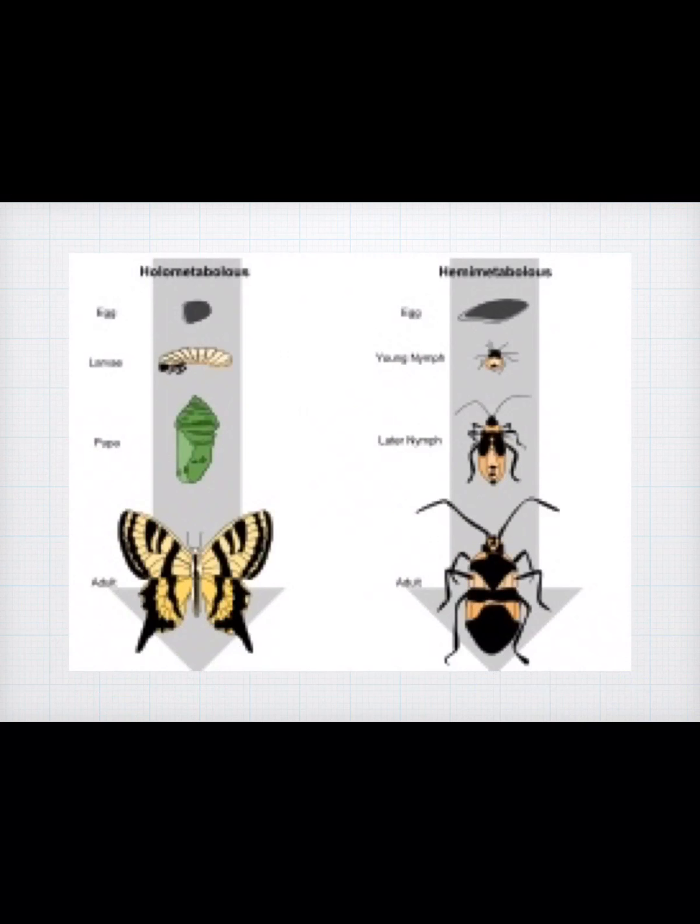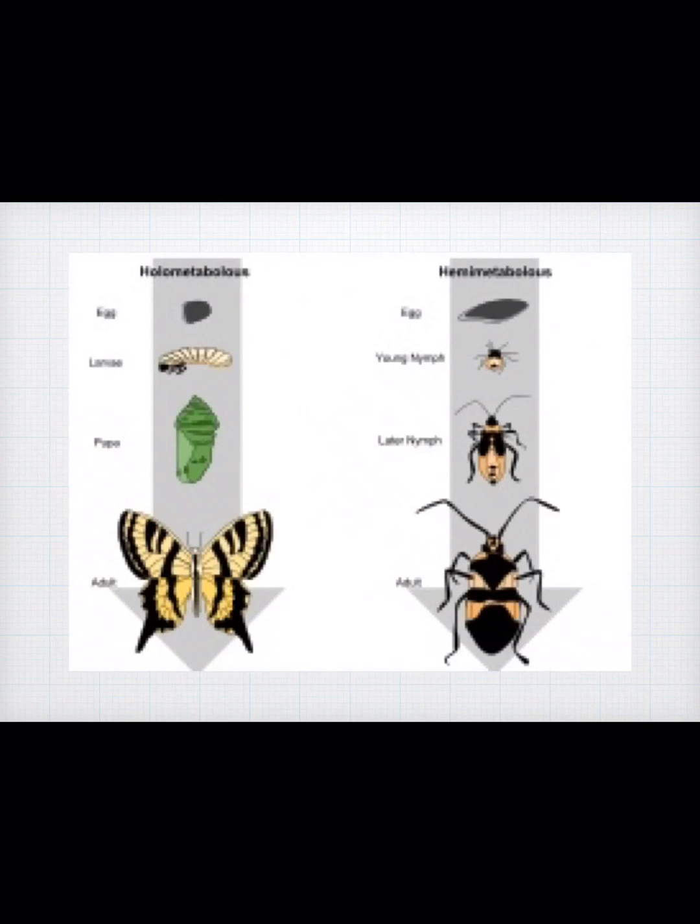You can see, you can't really read, complete metamorphosis is on the left, and there are 4 stages. Egg, larva, pupa, and adult. Incomplete metamorphosis has 3 stages: egg, nymph, and adult. And that's why they call it incomplete, because it's not as much as the other one.